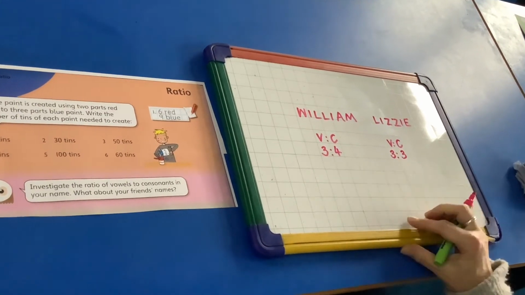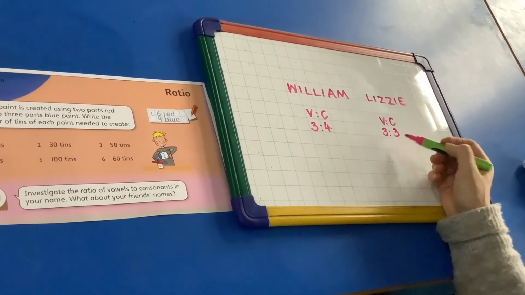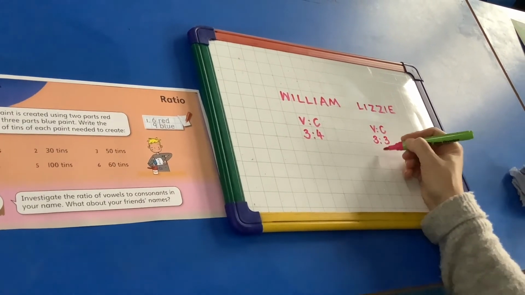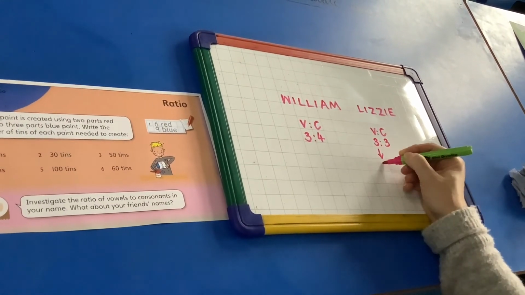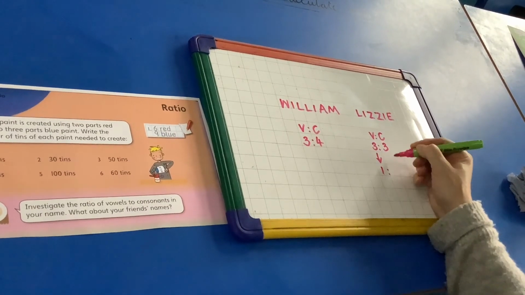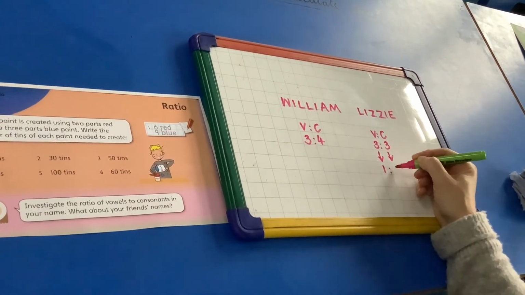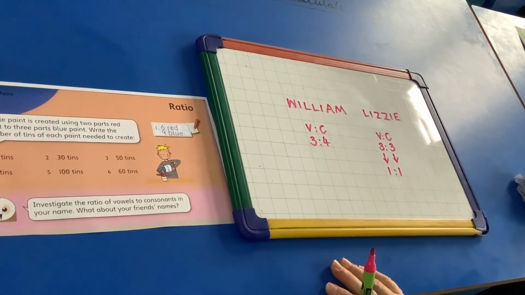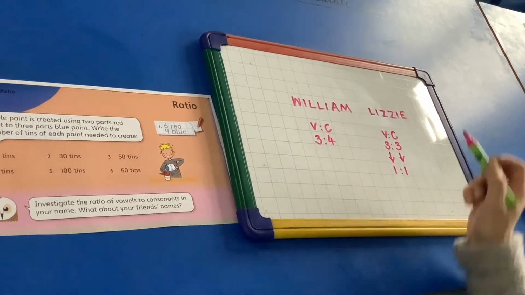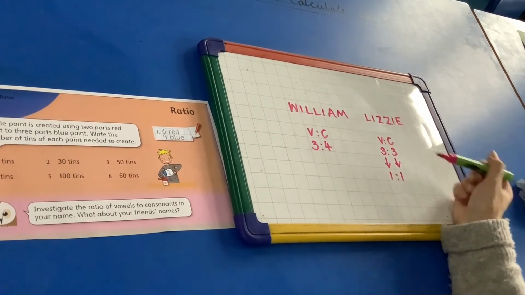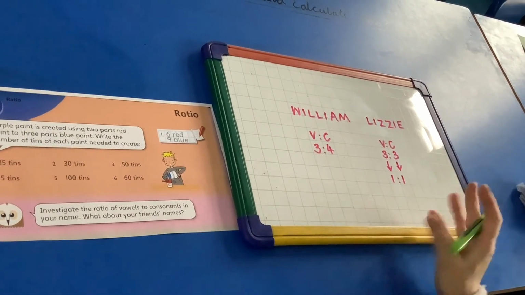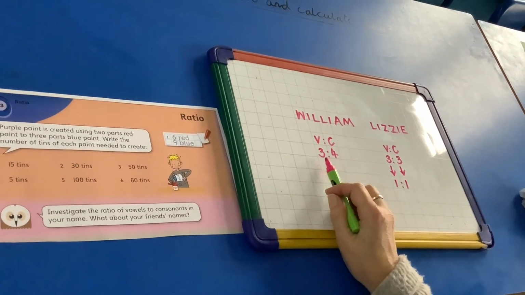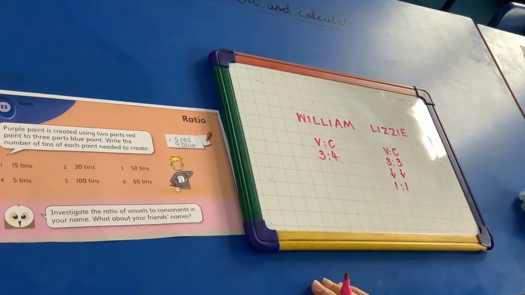I could write that in a simpler way, obviously both in the 3 times table. So I'm going to divide that by 3, which would give me 1, and this by 3 gives me 1. So the ratio of vowels to consonants for Lizzie is 1 to 1. So for every vowel, she's got a consonant. They match identically here. All right, whereas William, for every 3 vowels, there are 4 consonants.